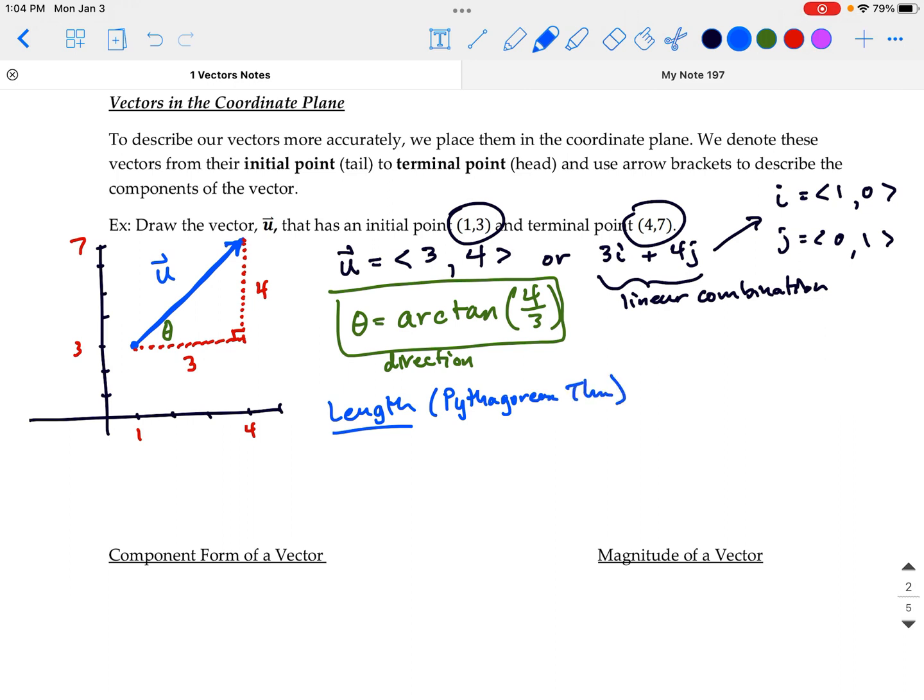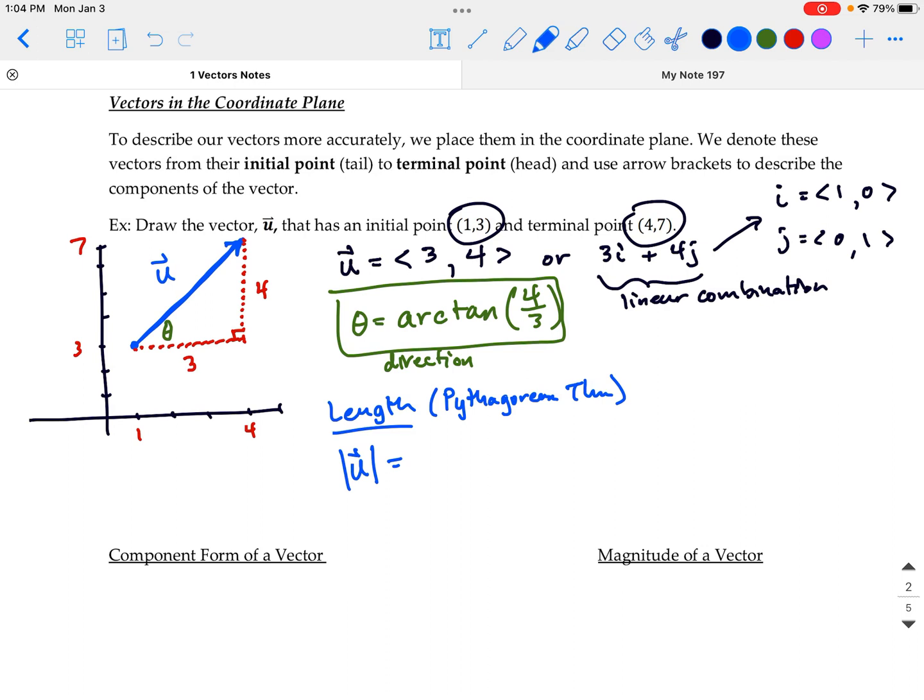So we've got a right triangle, and it's actually a really nice one because its horizontal and vertical legs are 3 and 4. So the length we're going to denote with absolute value symbols. Sometimes you'll see double absolute values or single absolute values. I'm going to use single absolute values.